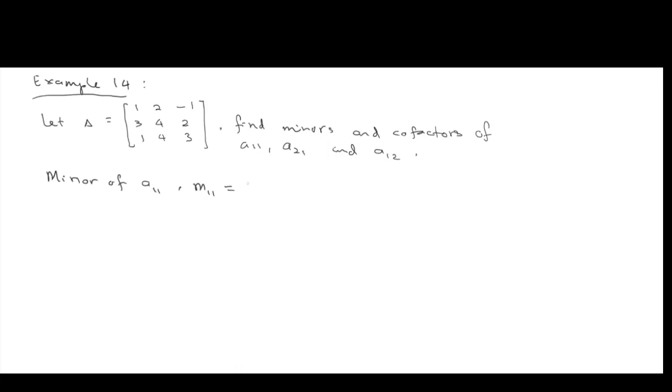So M11 is the determinant of a 2 by 2 matrix, because we are going to delete the first row and the first column. When we delete the first row and the first column, the remaining matrix will be [4, 2; 4, 3]. So the minor M11 is 4 times 3 minus 4 times 2, which is equal to 4.